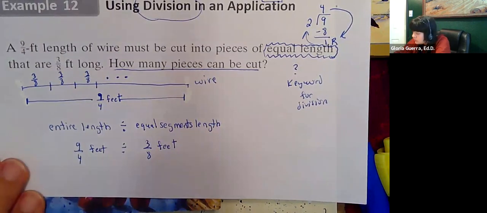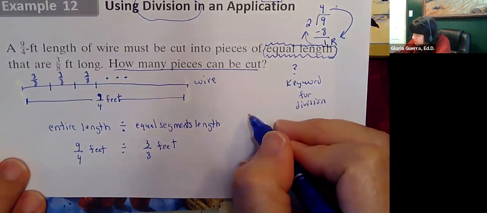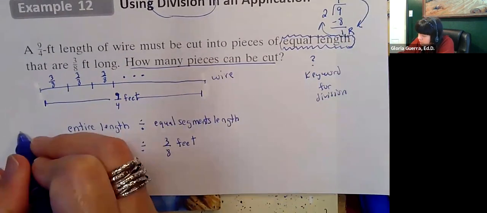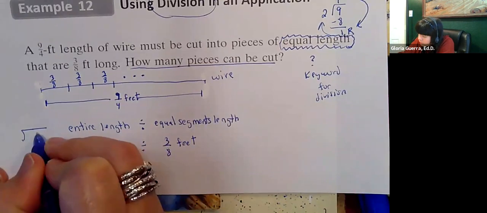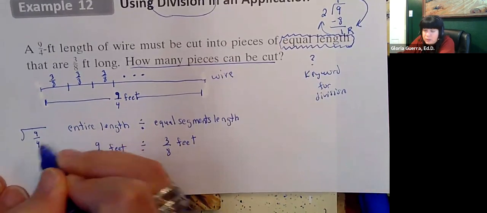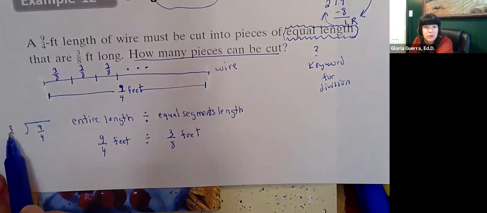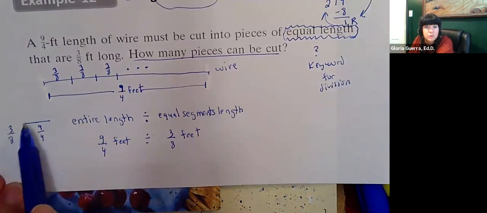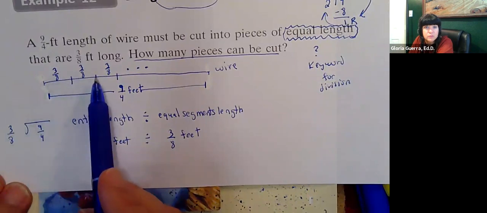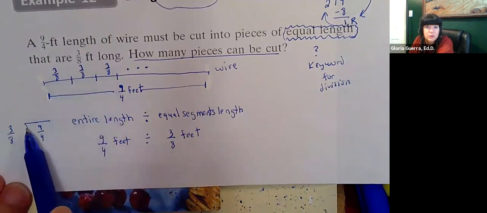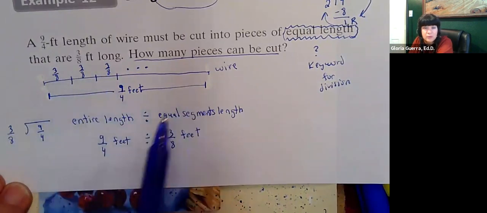You have your 9/4 and you're dividing it by 3/8. This is your divisor. How many of these groups can you make out of this whole length here?